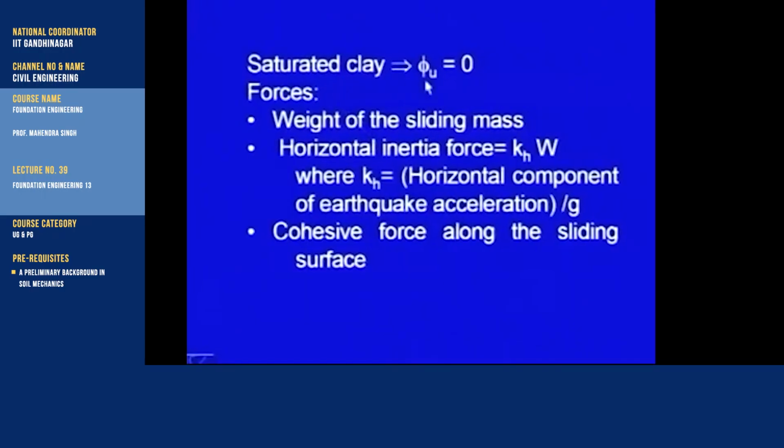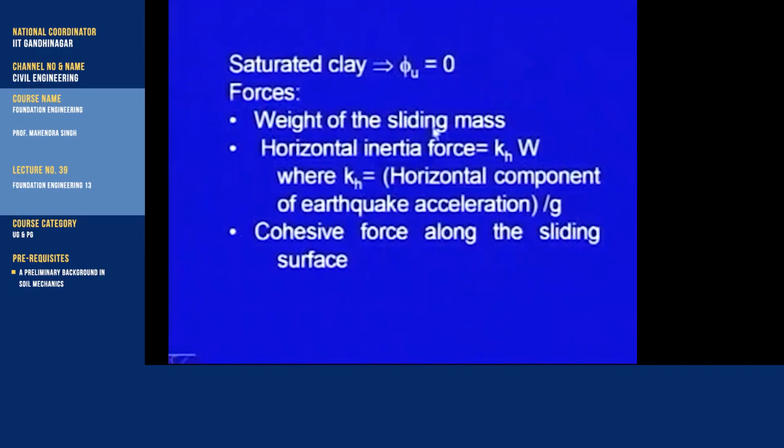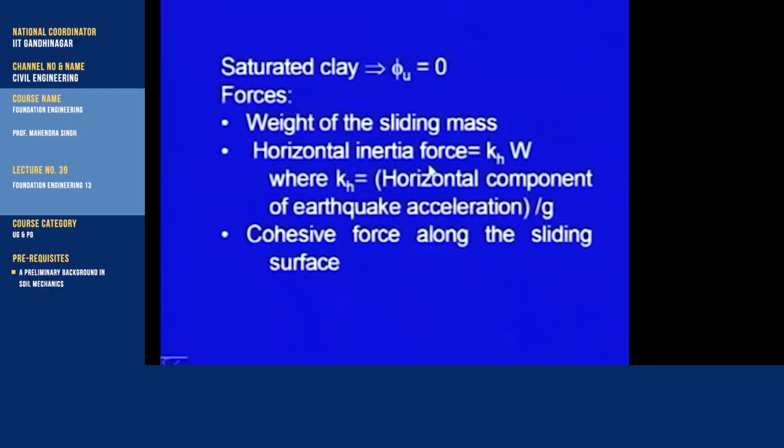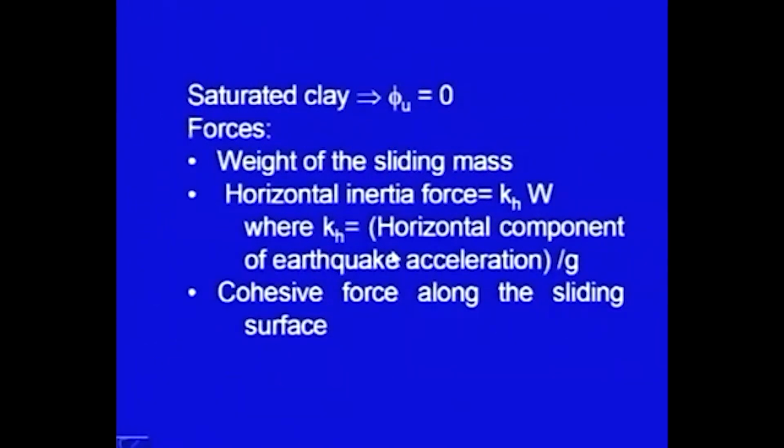Again we are assuming phi u is equal to 0, and the forces as I discussed are, number 1, the weight of the sliding mass; number 2, the horizontal inertia force Kh into W, where Kh is a coefficient, the ratio of the horizontal component of earthquake acceleration and g; and third force is again the same cohesive force along the sliding surface.